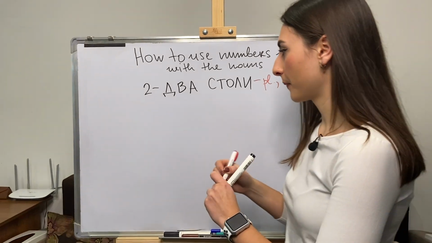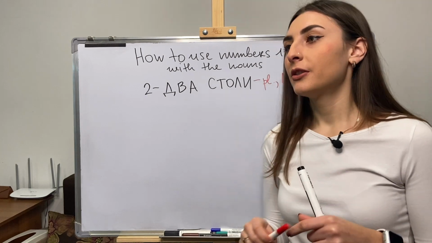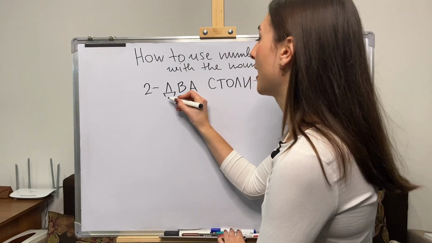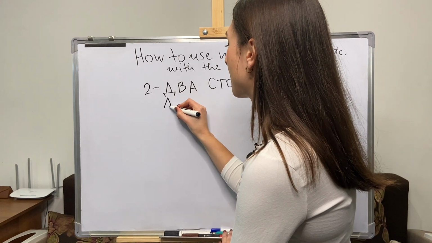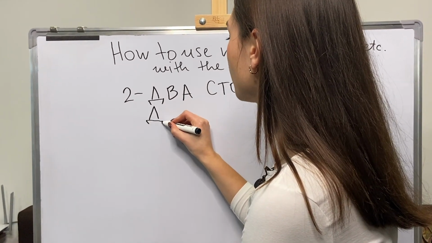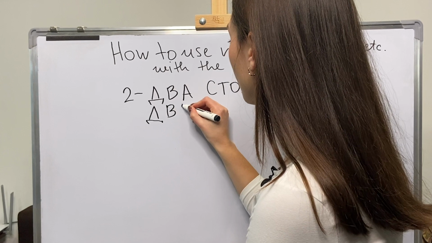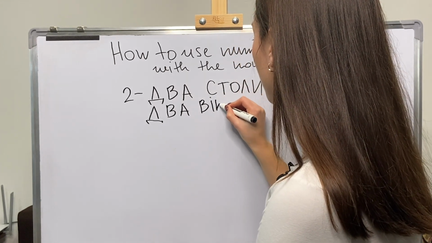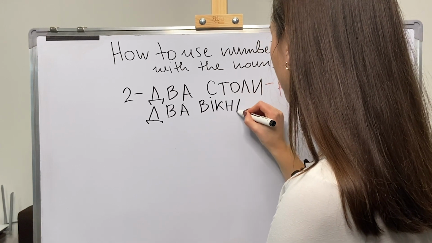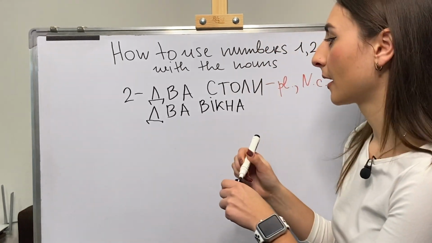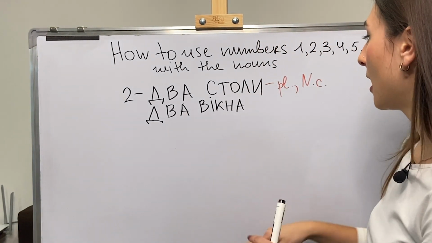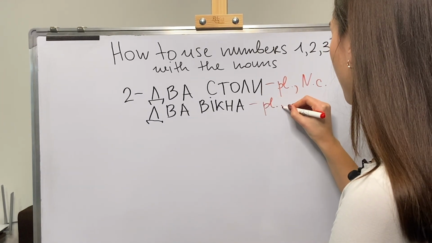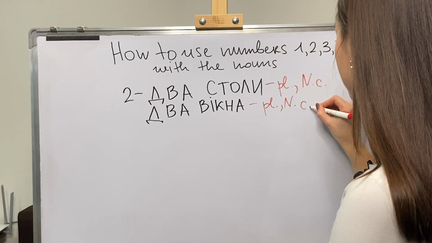Everything is easy now. For example, you want to say 2 windows. You say два вікна. Два вікна. So again, it's plural, nominative case.